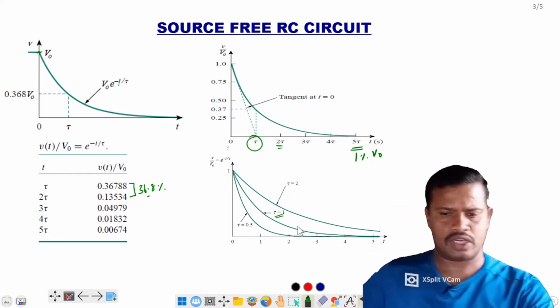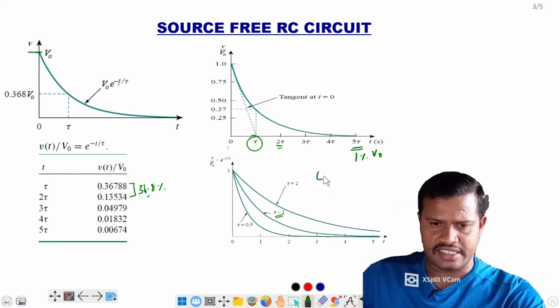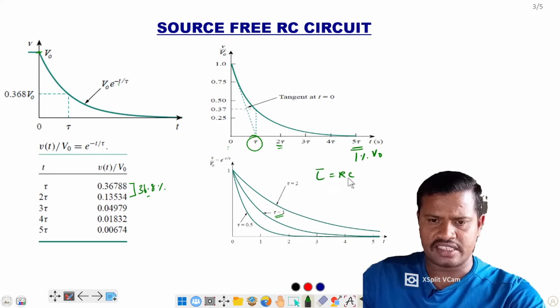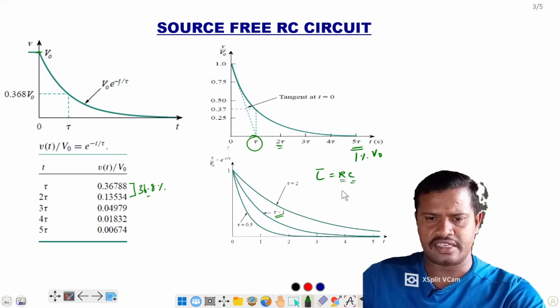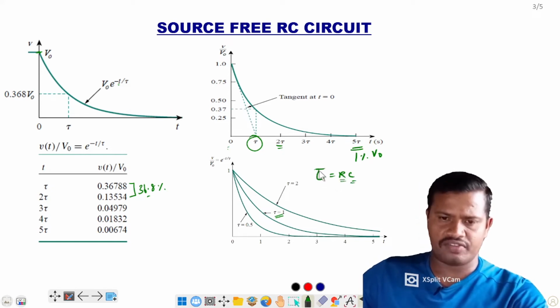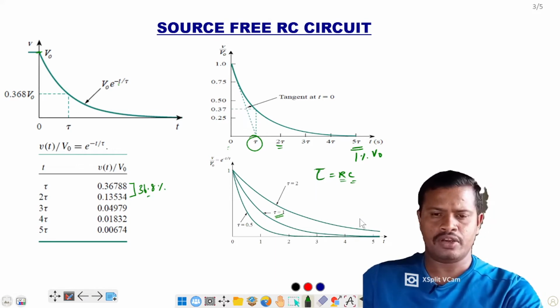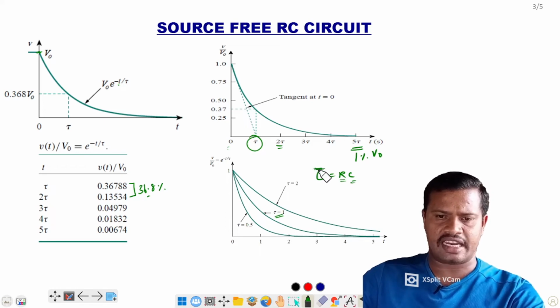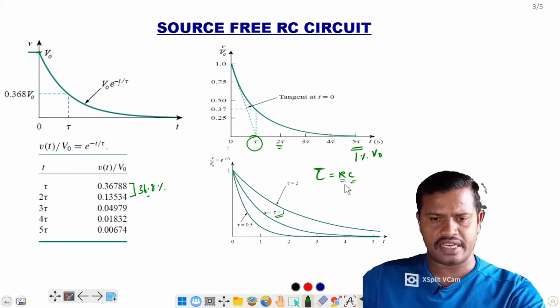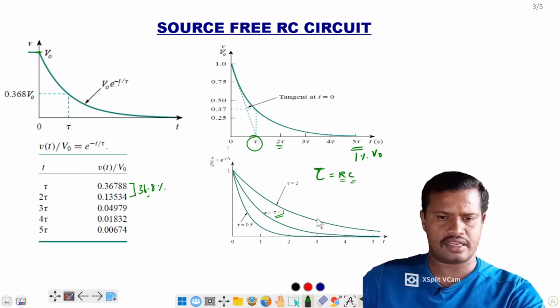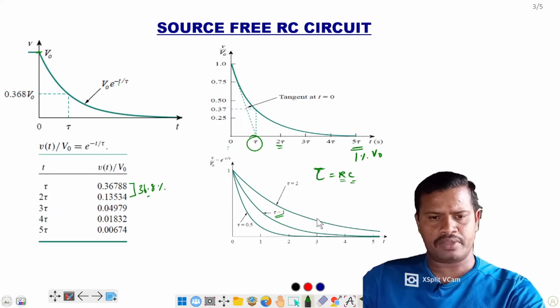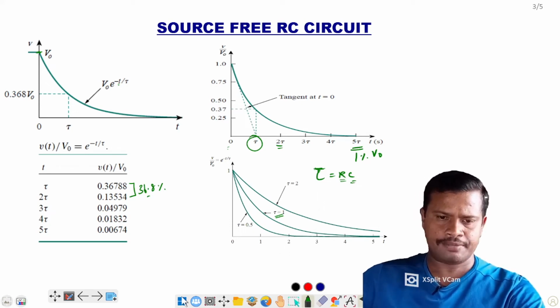Now, when tau is equal to RC, for different values of R and C, if tau is not varying, we can use the same response curve for experimental or calculation purposes. As long as tau is not varied, we can use the same curve. If tau is varied for any values of R and C, then we need to redraw the curve and perform the calculations as required.